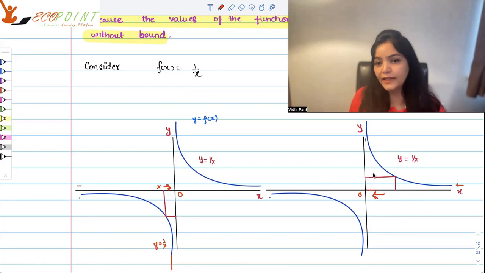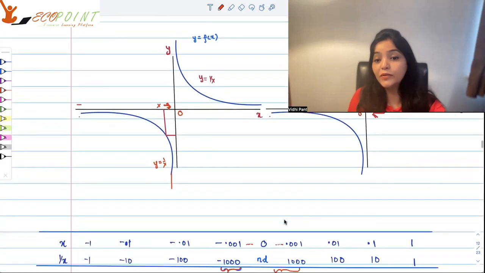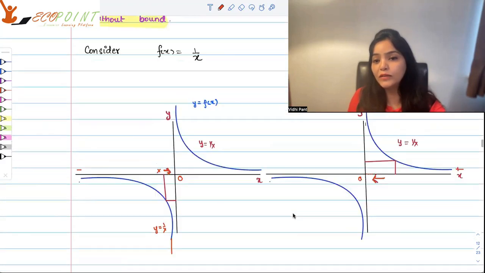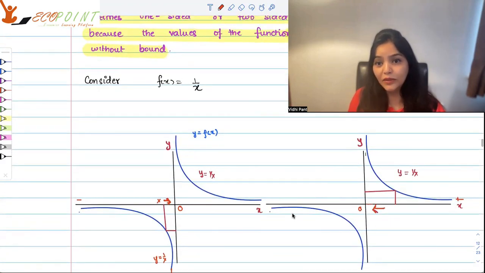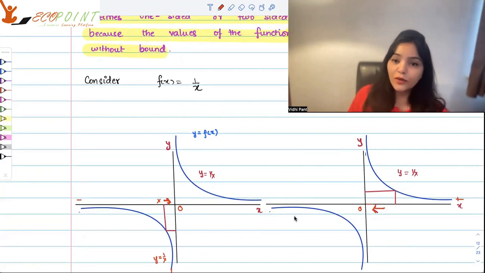So from the right hand side, if you keep on putting some x, as you can see with 0.001, you were getting 1000. You increase another decimal, then you will have 10,000 and so on and so forth. So can you see that 1 by x is increasing, increasing, increasing?